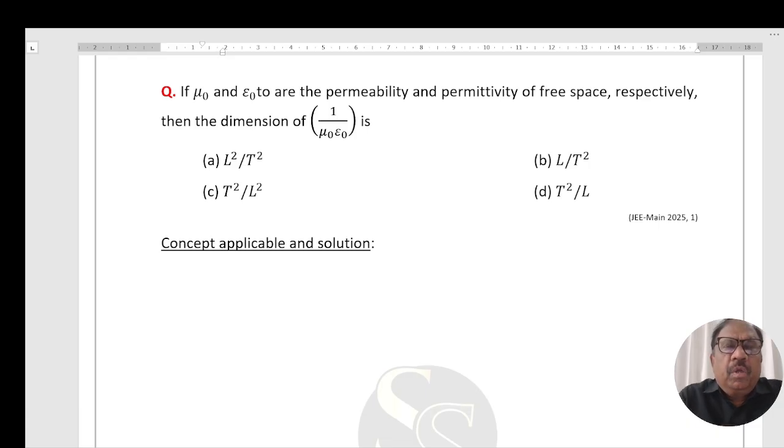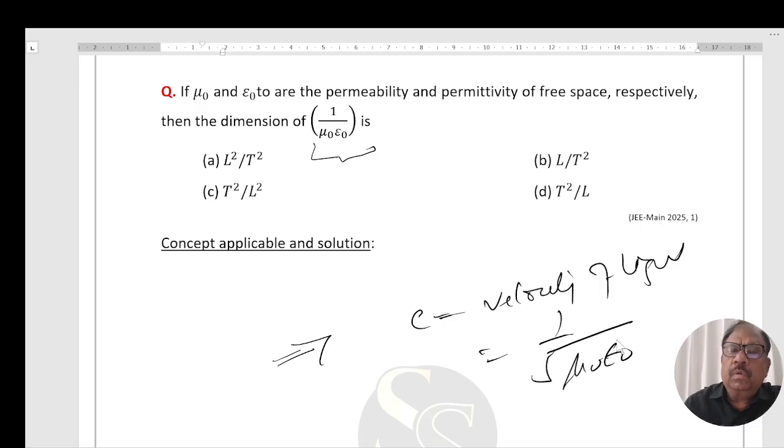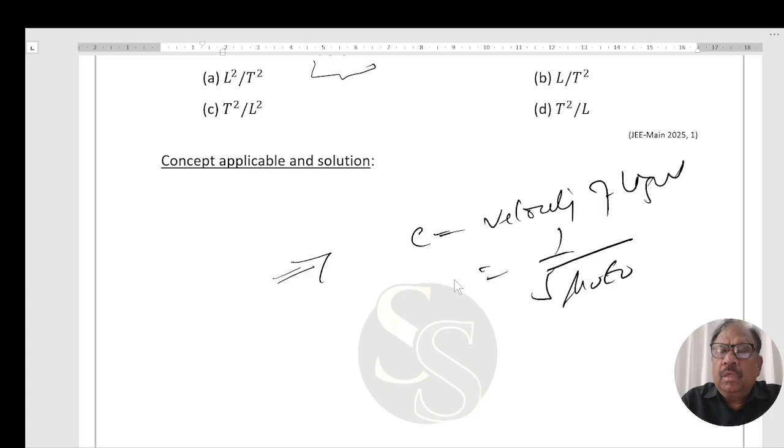Question: if mu₀ and epsilon₀ are the permeability and permittivity of free space respectively, then find the dimension of the given quantity. Very simple, direct answer. You know C, the velocity of light, is given by 1 over under root mu₀ epsilon₀.